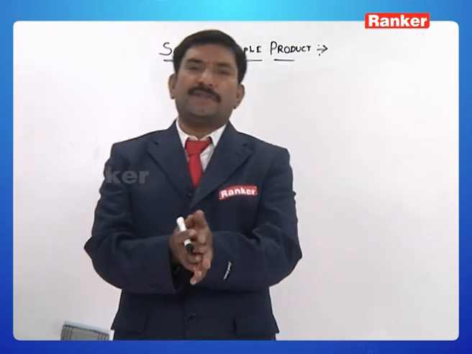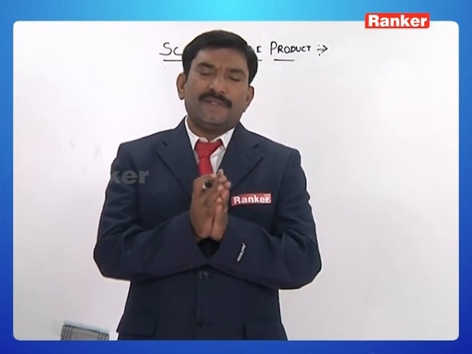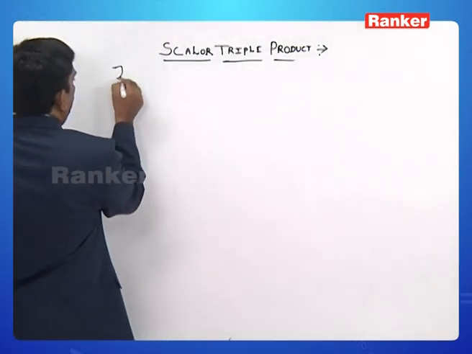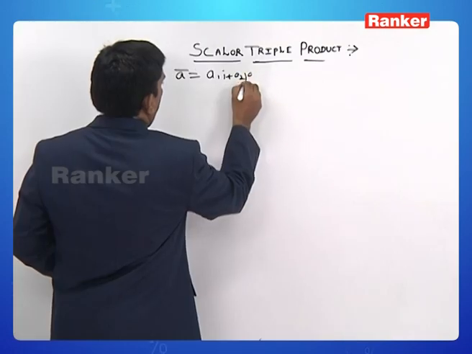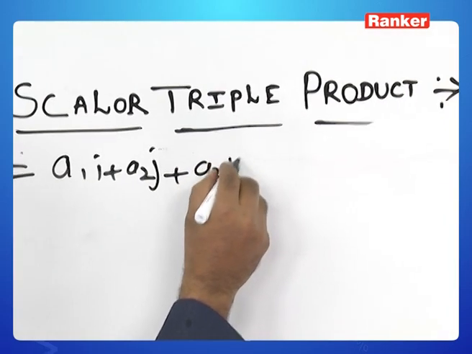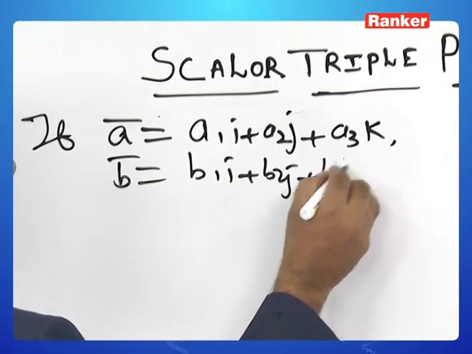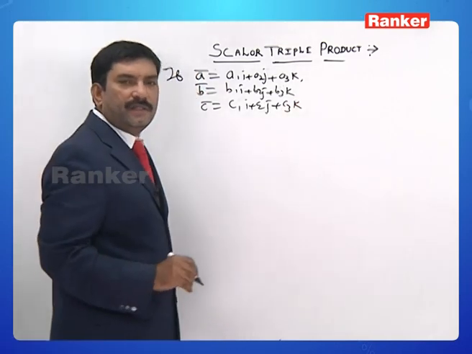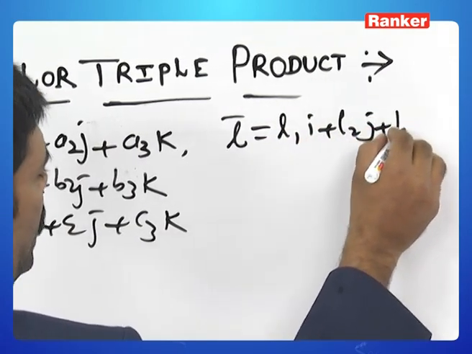After knowing the expansion of the scalar triple product by using the determinant method, let us have still more application of the box product. If A bar is equal to A1 i plus A2 j plus A3 k, B bar is equal to B1 i plus B2 j plus B3 k, C bar is equal to C1 i plus C2 j plus C3 k, right? Next, L bar is equal to L1 i plus L2 j plus L3 k.